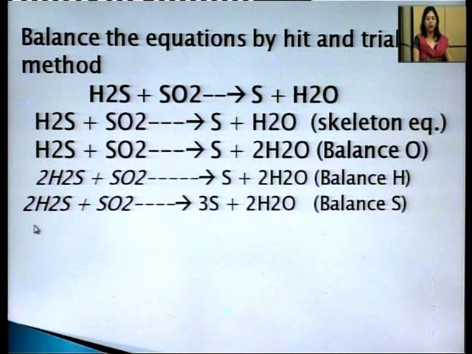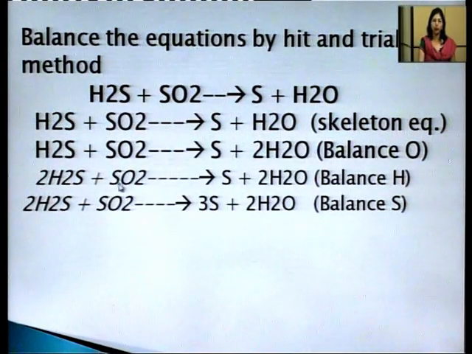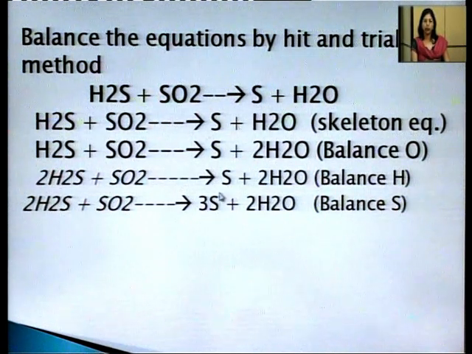In the next step, we have to balance the remaining element, that is sulfur. If we count the number of sulfur atoms, on the reactant side there are 2 plus 1, that is a total of 3 sulfur atoms, but on the product side, that is on the right hand side, there is only 1 sulfur.